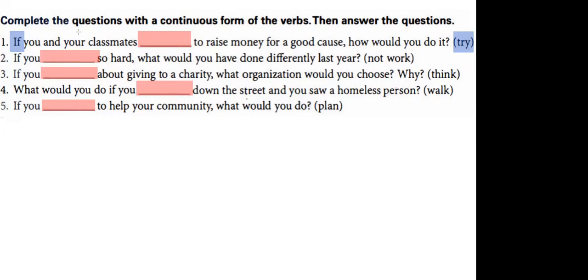If you and your classmates were trying to raise money for a good cause, how would you do it? I think it's a good one. What do you think? If you're trying? We're trying. Yeah. Okay, so we are gonna write it here. We're trying.